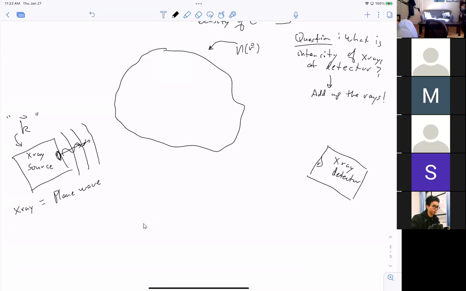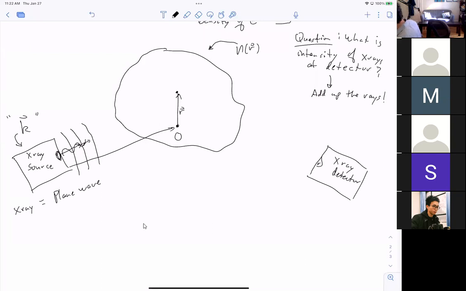Let's consider 2 points in this electron density: point 0, and another point, point R. So 0 is the origin, and this is R. And so we're going to consider what happens when the X-rays that hit 0, I can draw them as like this ray.